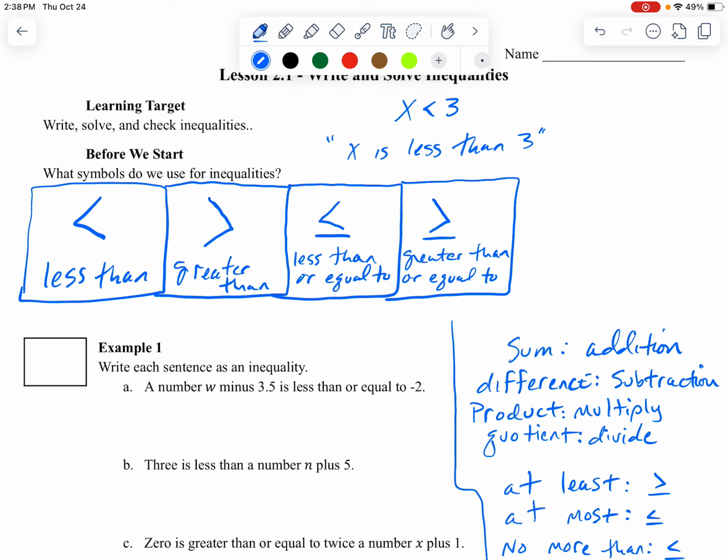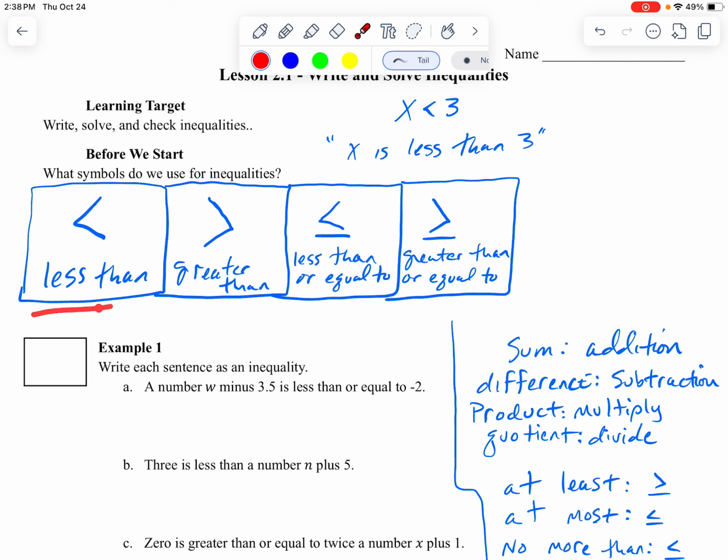What we're really doing here is translating back and forth between the symbols and the words. We can go piece by piece: x is less than 3. Part of what we're going to be doing is figuring out how to translate these words into mathematical inequalities and vice versa.